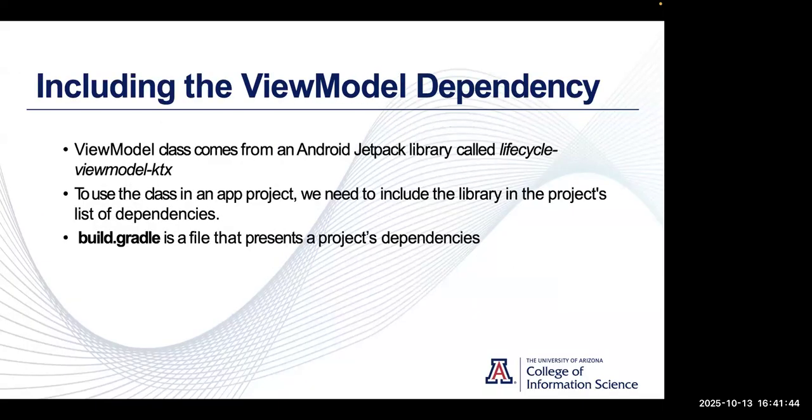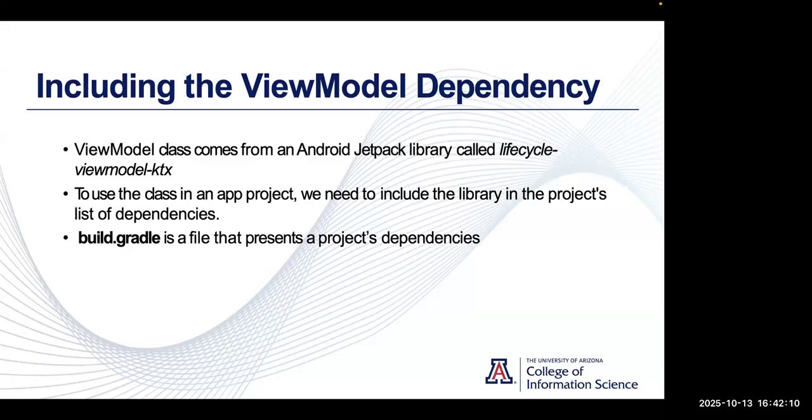Including the view model dependencies: when you create a new view model, it is automatically added to the Gradle app Kotlin file, which shows up automatically as you do this import. Before, this was not the case.